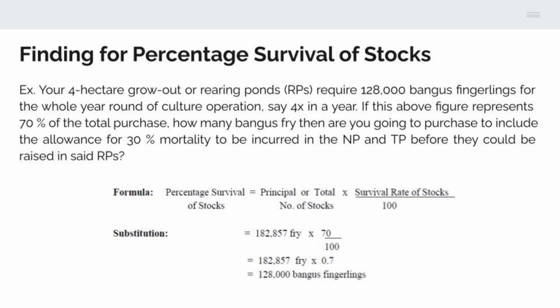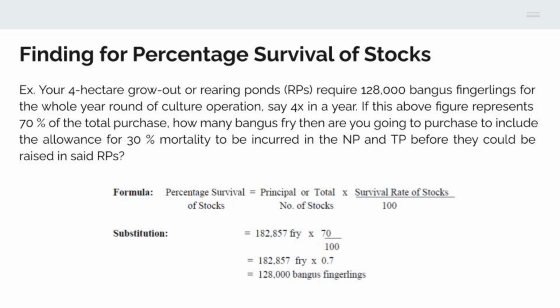An example question: if 70% of the 182,857 bangus fry survived after rearing, how many fingerlings successfully made it? For the formula, we will use percentage survival of stocks equals principal or total number of stocks times survival rate of stocks divided by 100.